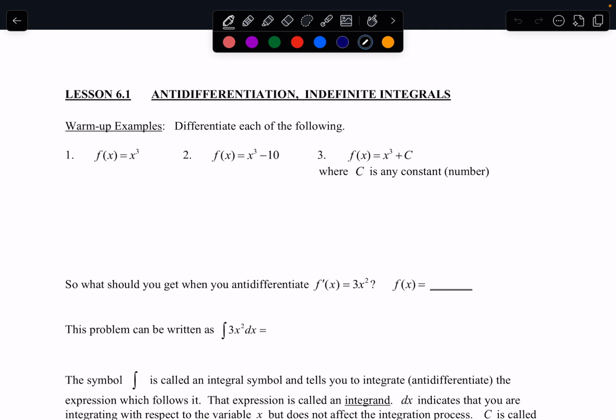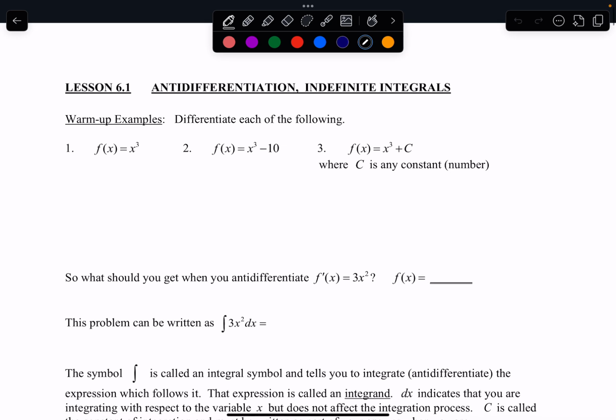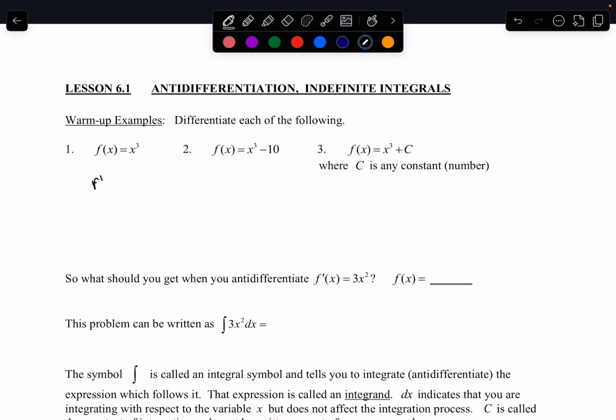So one thing that you need to keep in mind when we are taking antiderivatives, when we are doing integrals, you'll see in this example. The warm-up example wants us to differentiate each of the following. So it wants us to differentiate f of x equals x cubed. That means f prime of x equals 3x squared.